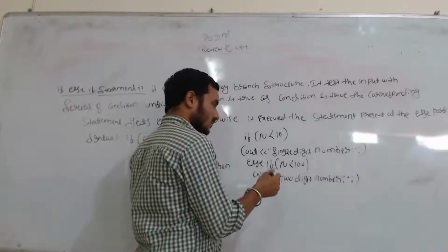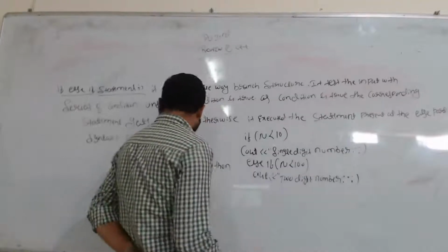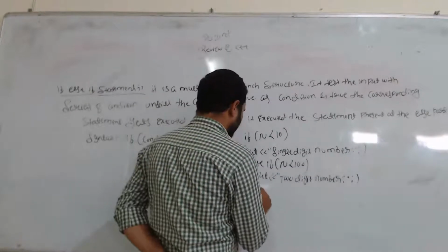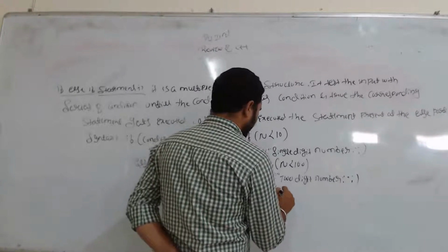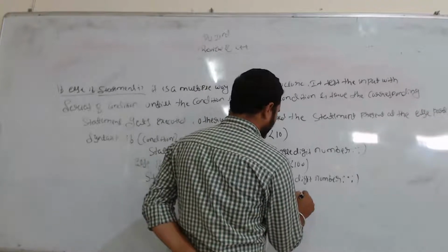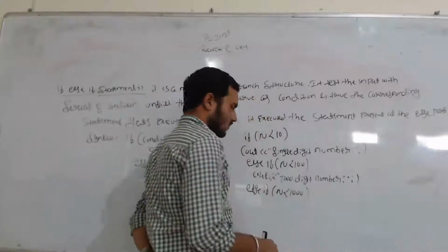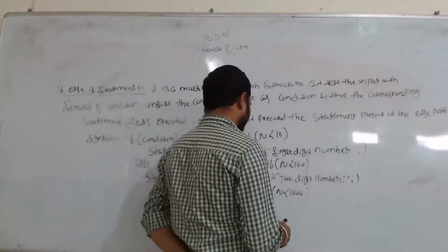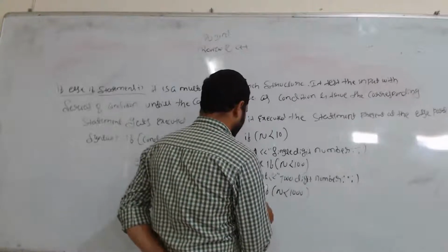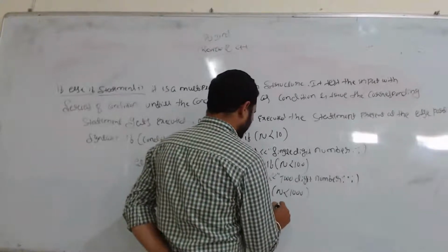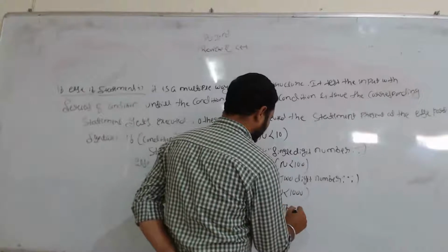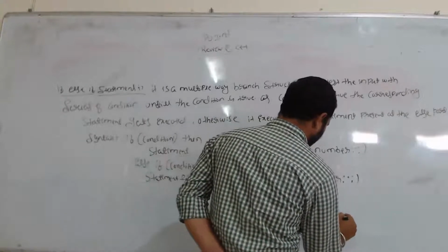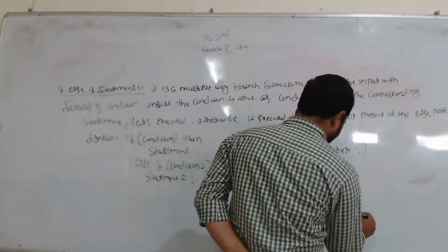So this is also false. The next else if n less than 1000, print three digits number.